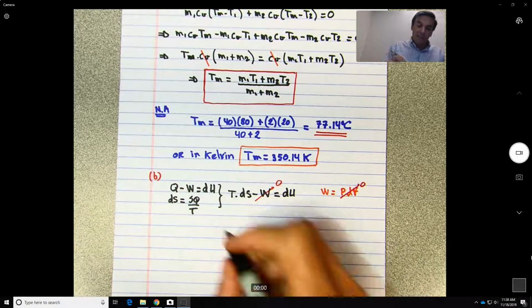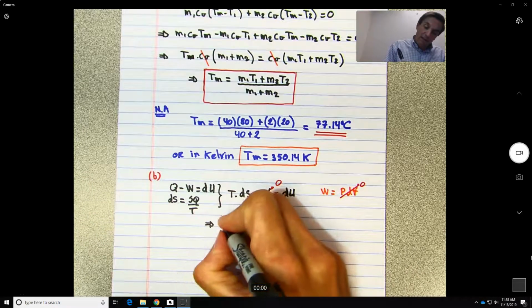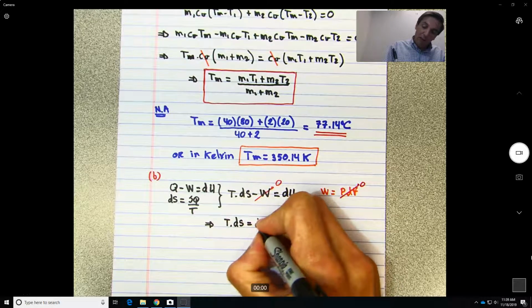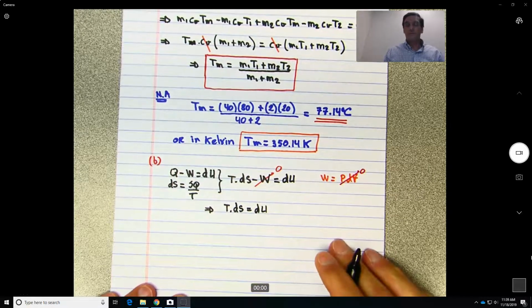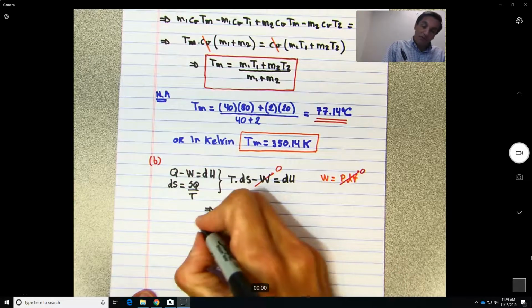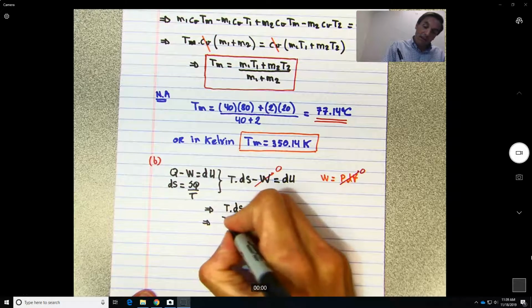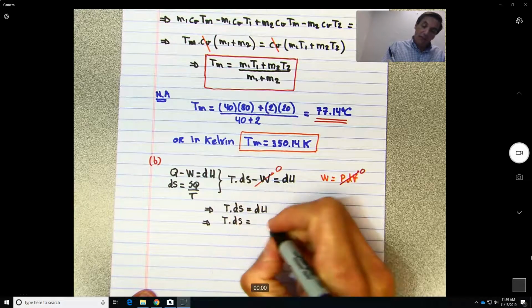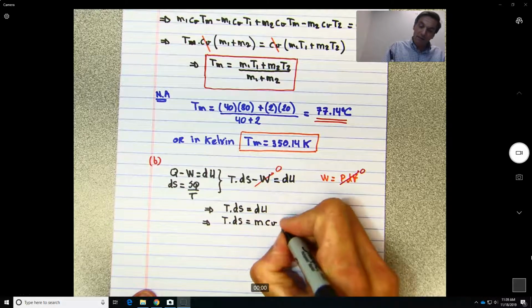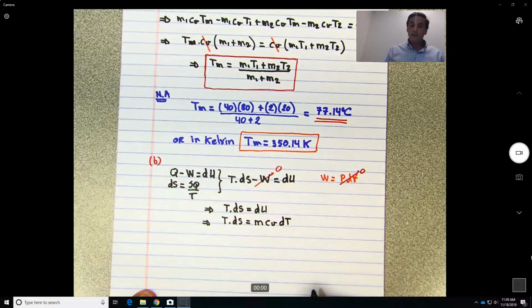So basically at the end, the only thing we have is that TdS is equal to the change in internal energy. And using the ideal substance, we can write this as TdS equal to what? Same thing as we did before, m Cv dT.